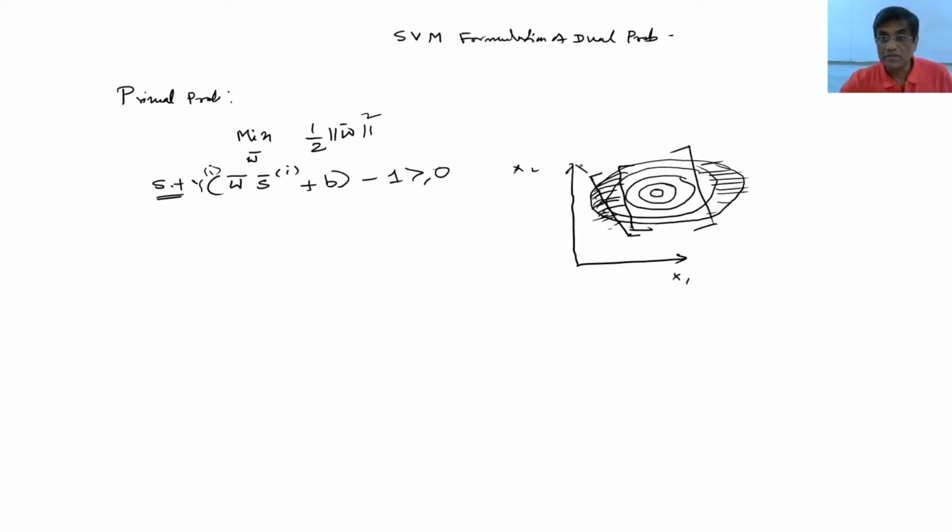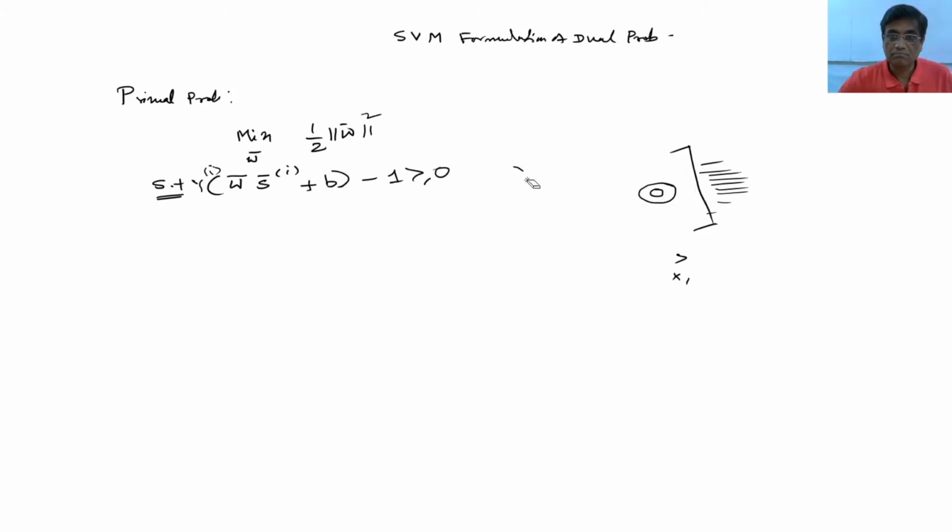You don't have to search all these things again and again, because your solution lies in the remaining part. That is what the constraint is telling. So this is your intuitive understanding of what the primal problem means.